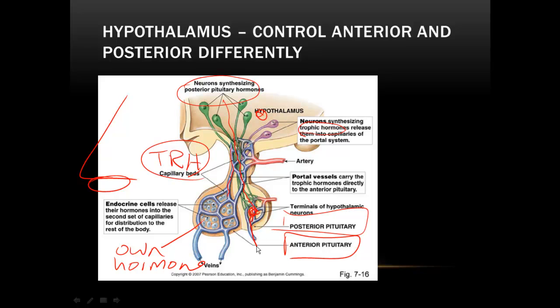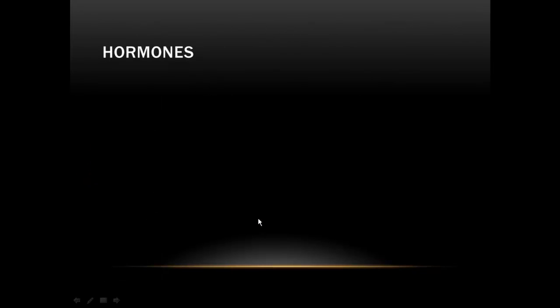The posterior pituitary then releases these hormones into the blood. So the anterior pituitary makes its own, but is controlled through releasing hormones. The posterior pituitary does not make its own; the hypothalamus makes the hormones for the posterior pituitary.